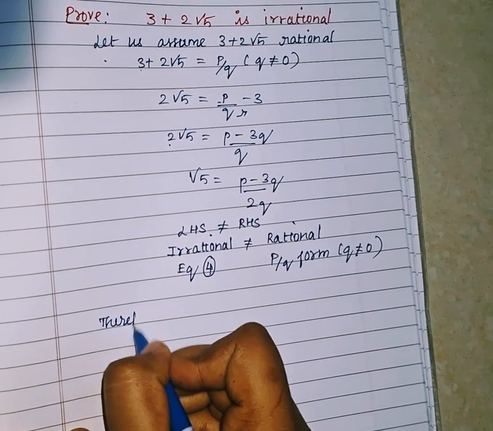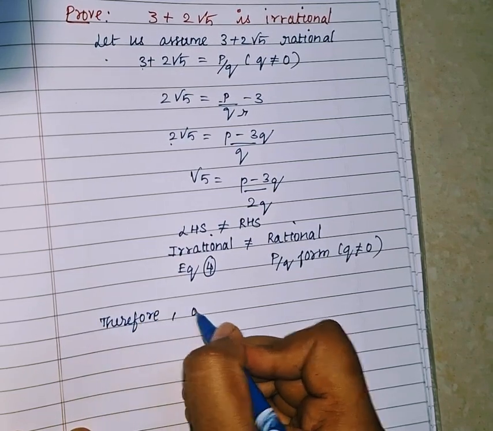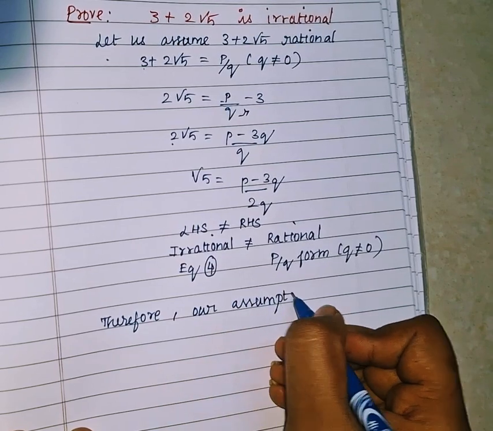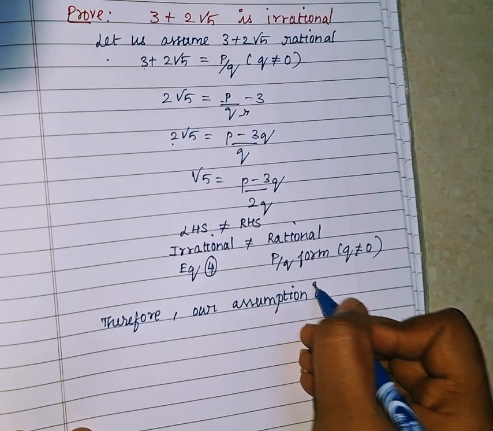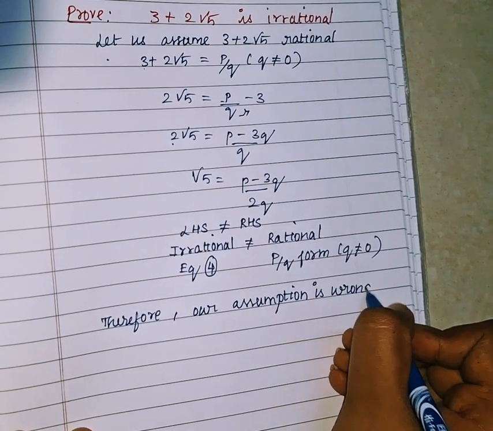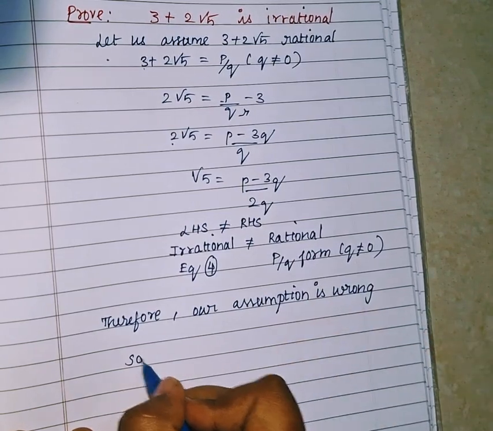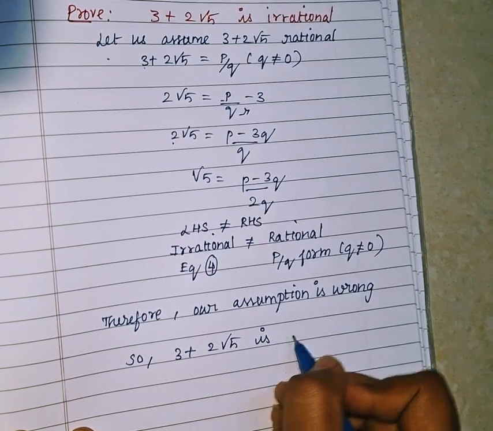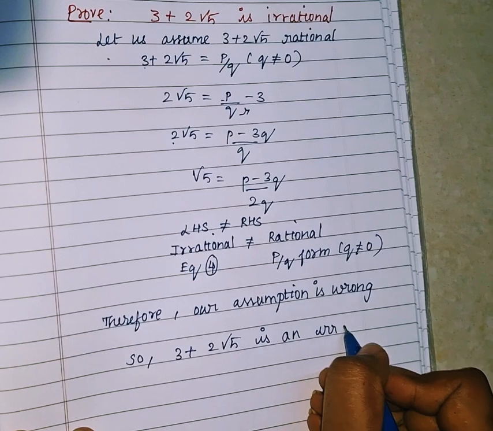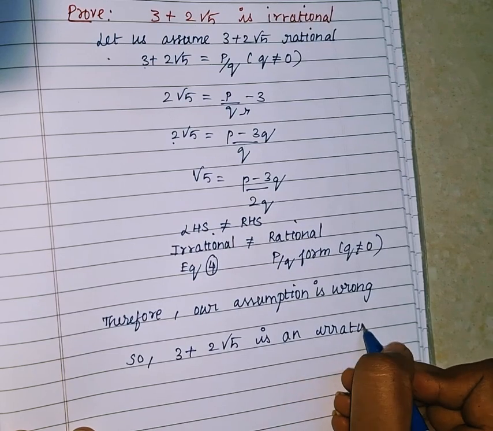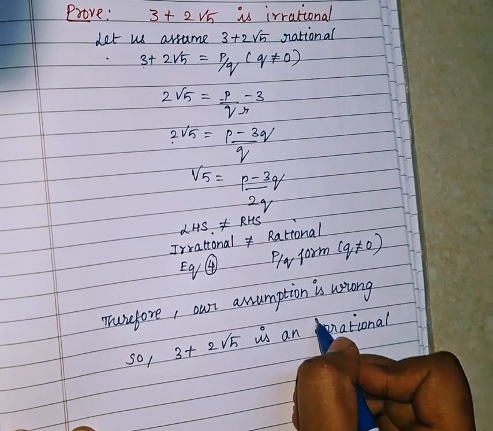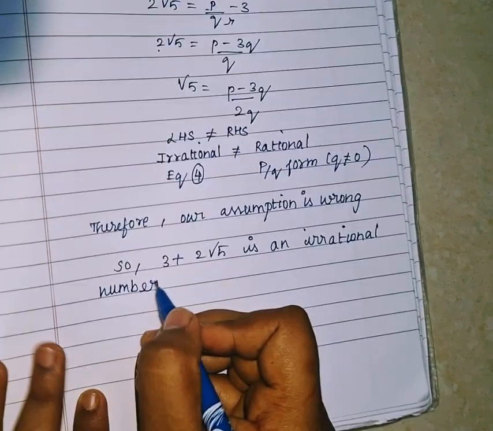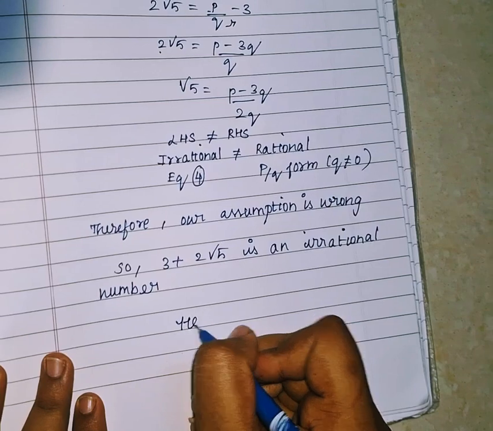Therefore, our assumption is wrong. So 3 plus 2 root 5 is an irrational number. Hence proved.